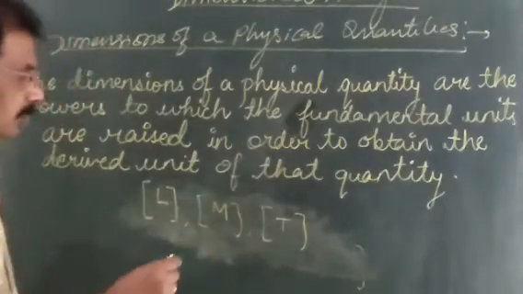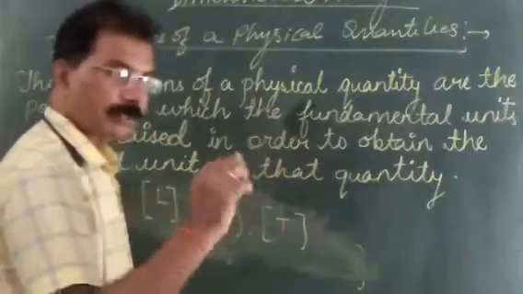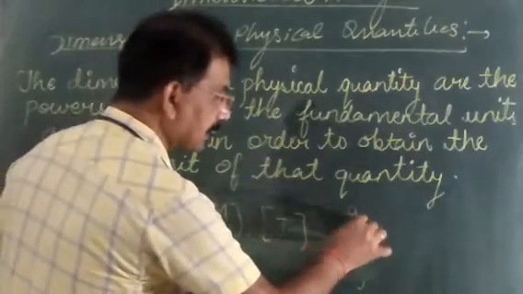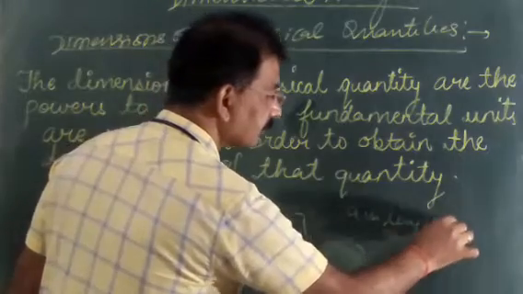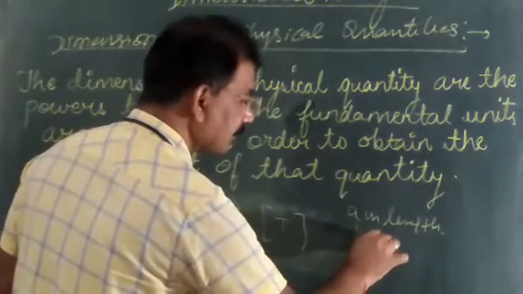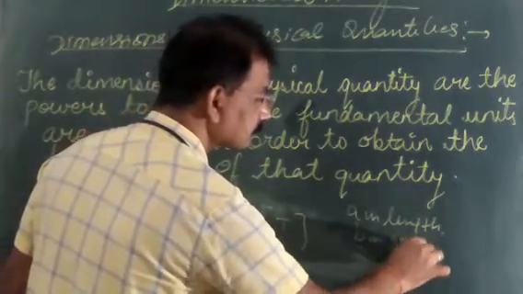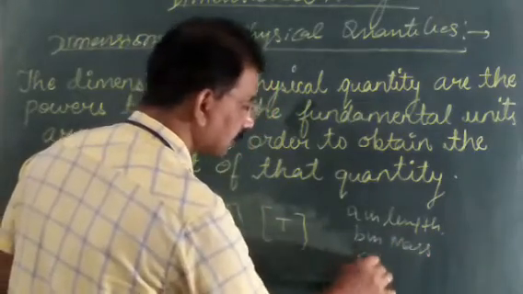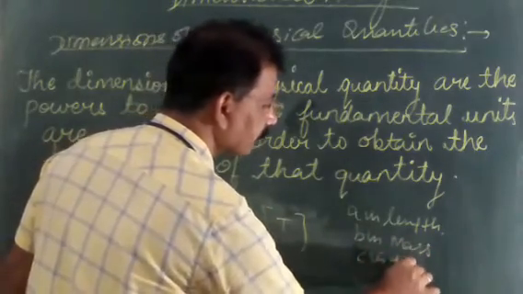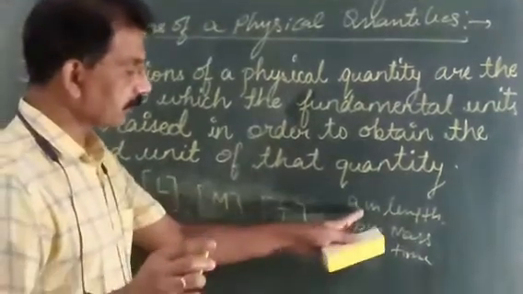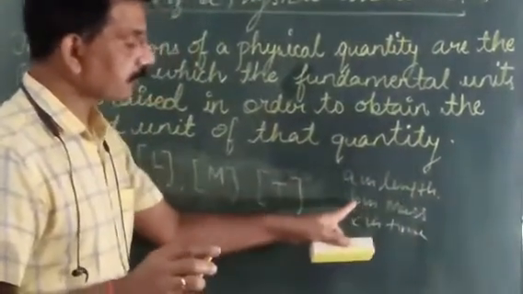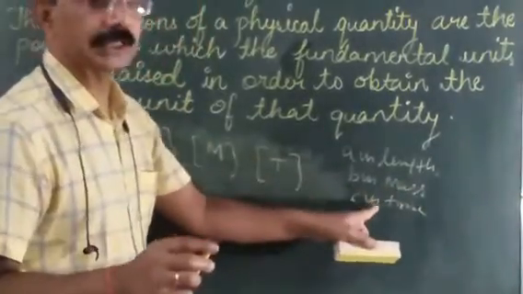Suppose a physical quantity is A in length, B in mass and C in time. हमने क्या कहा? Suppose कोई physical quantity is given A in length, B in mass and C in time.